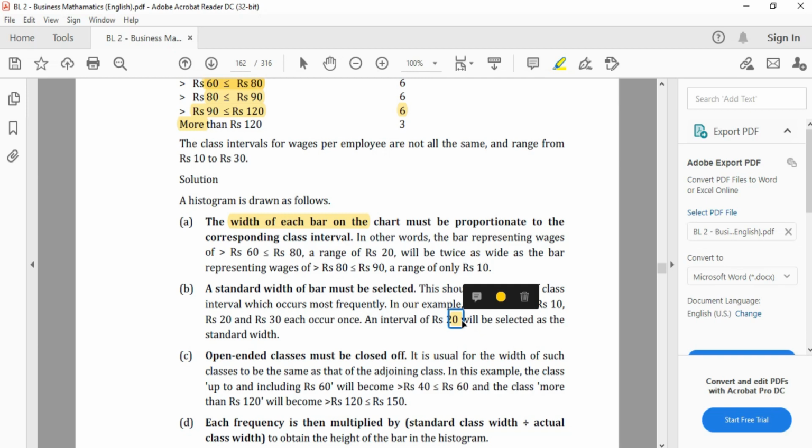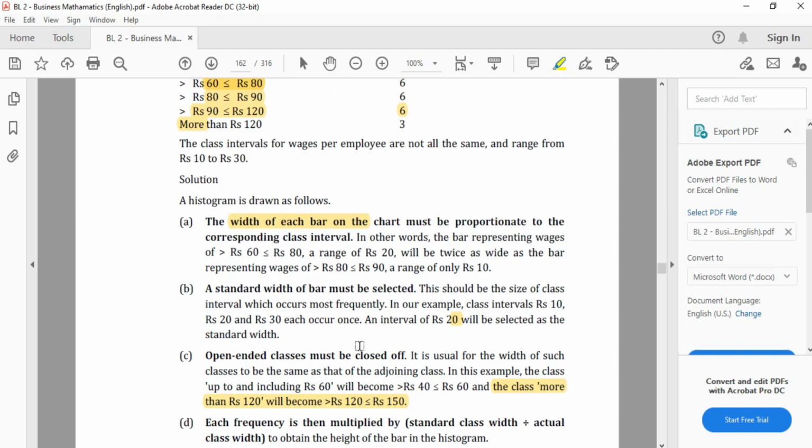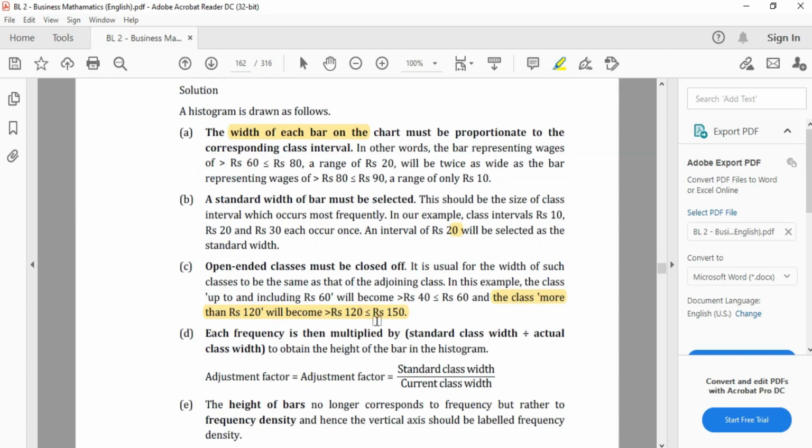Then open-ended classes must be closed off. That means the class more than 120 rupees will become more than 120 and up to 150 rupees, a gap of 30 again. I think in my opinion this should be 140 because we have chosen the interval of 20.